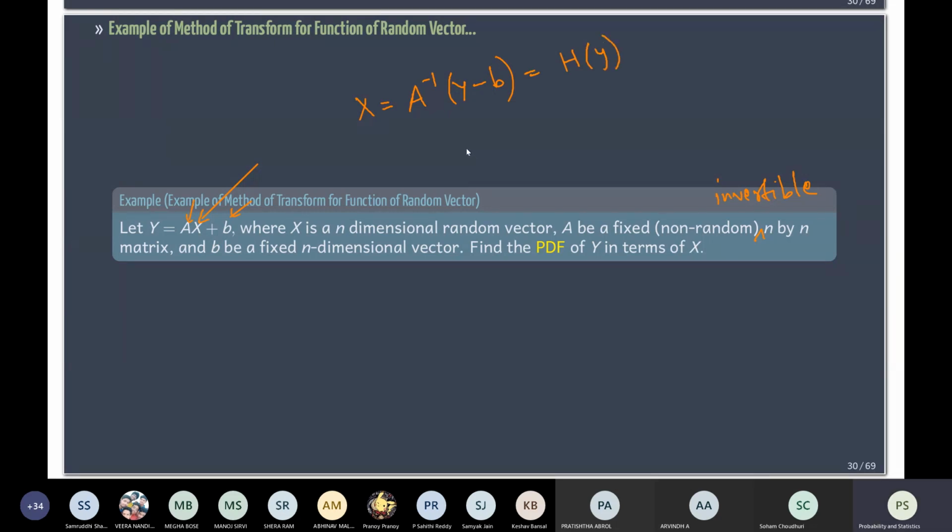And if we use the method of transform, the method of transform told us that the PDF of Y will be given by f_X of h(y) times the absolute value of the Jacobian.